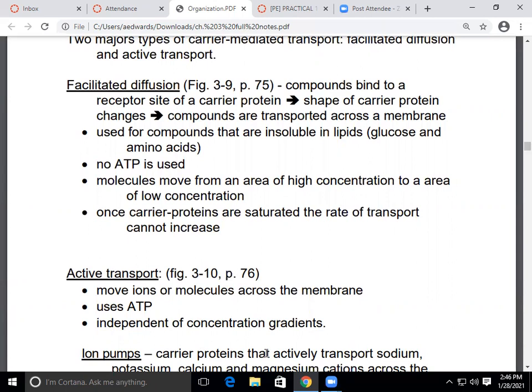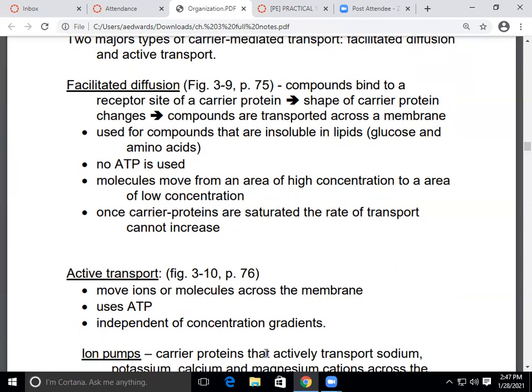So compounds are going to bind to a receptor site on that carrier protein. The carrier protein is going to change shape, and then the compounds get moved to the other side of the membrane and get released, okay? This works well for compounds that are not soluble in lipids. If they don't like lipids, like glucose and amino acids.